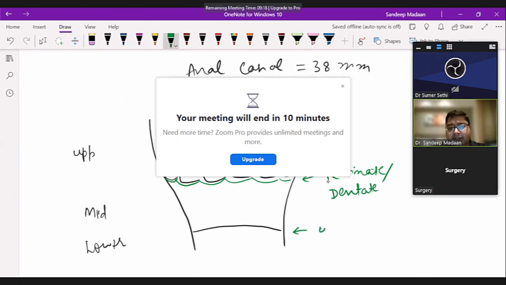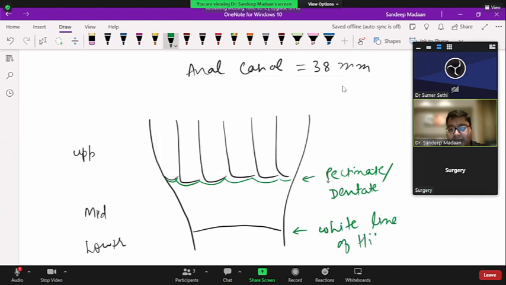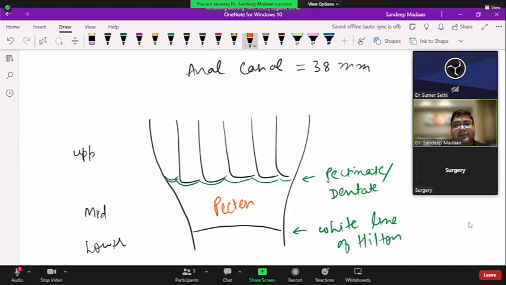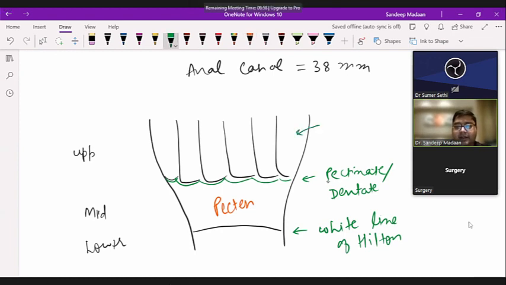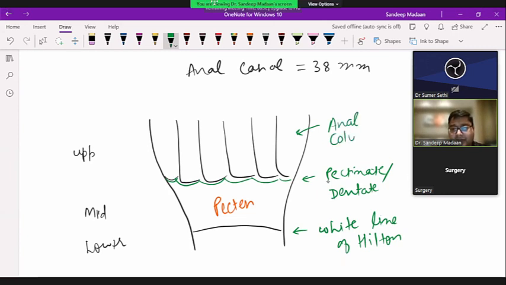Okay. And the part in between is called pecten. What are these folds? These are anal columns of Morgagni.